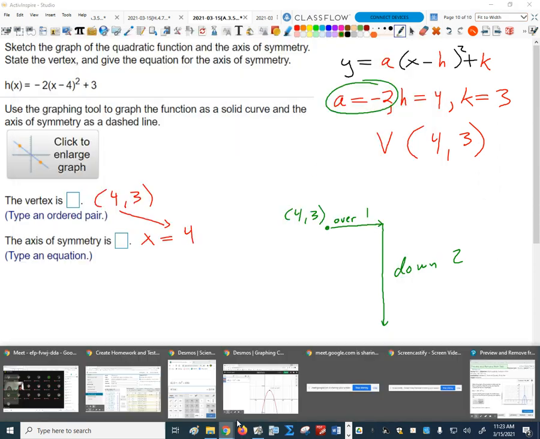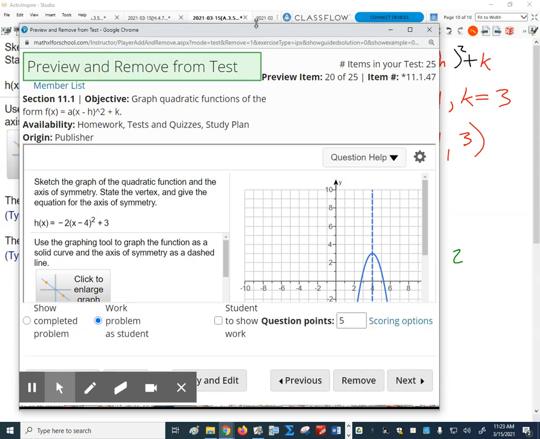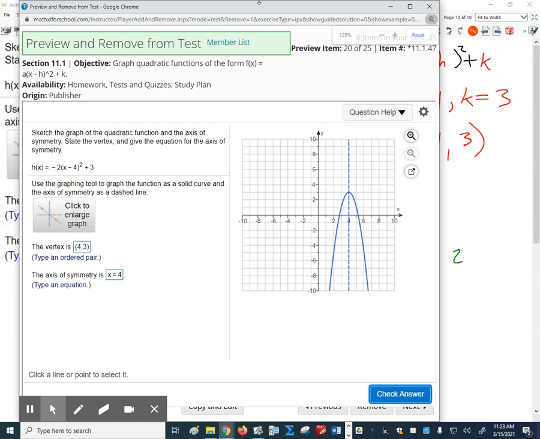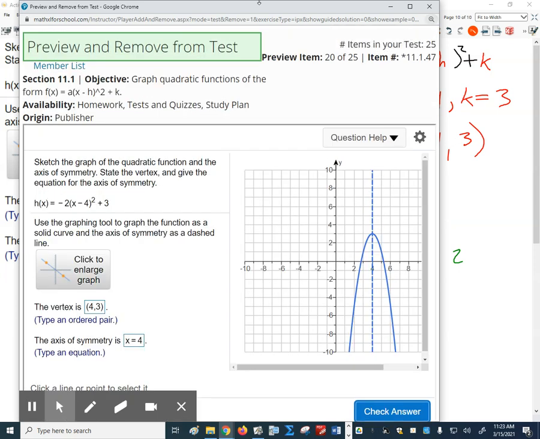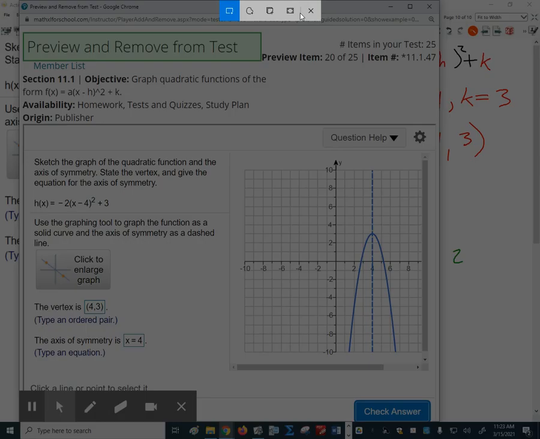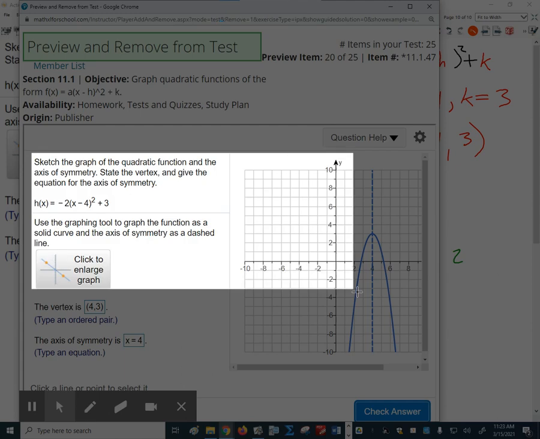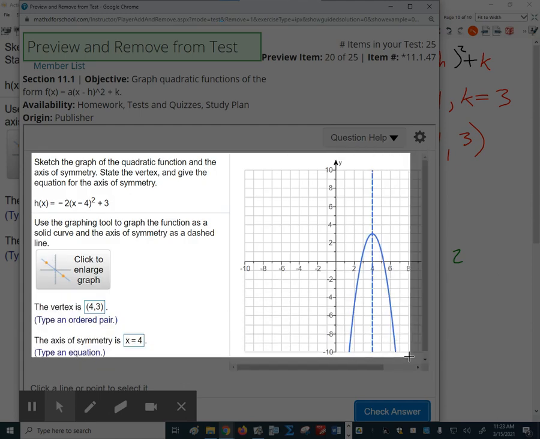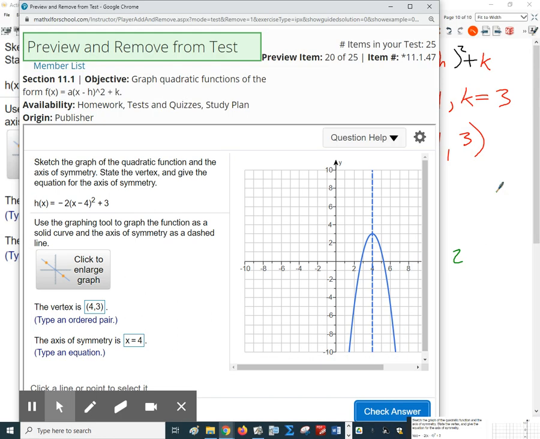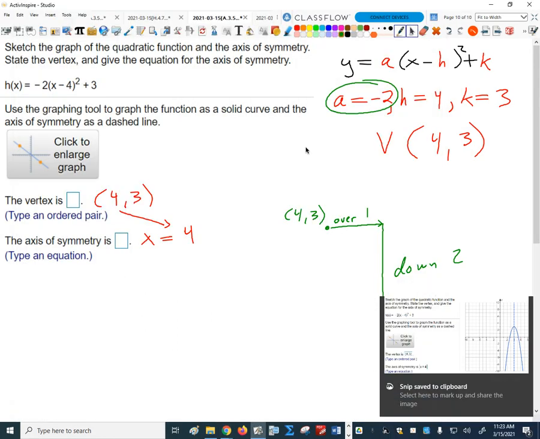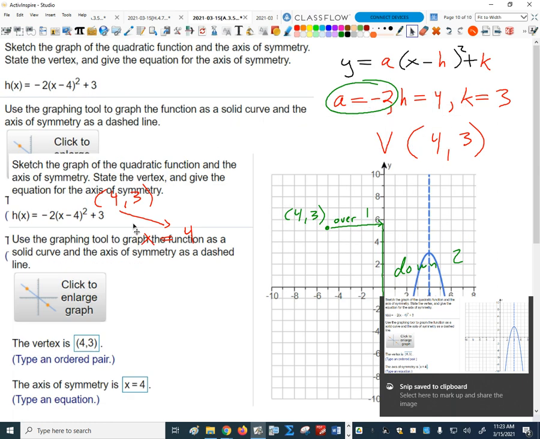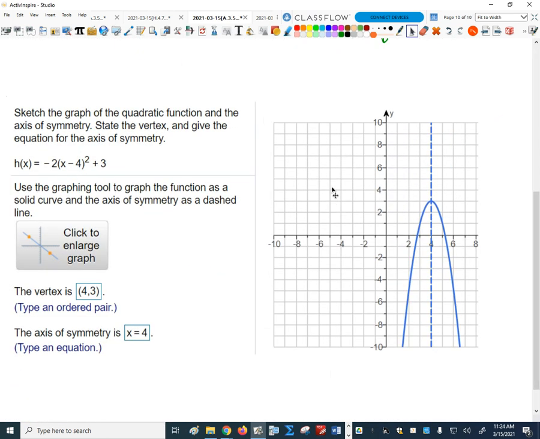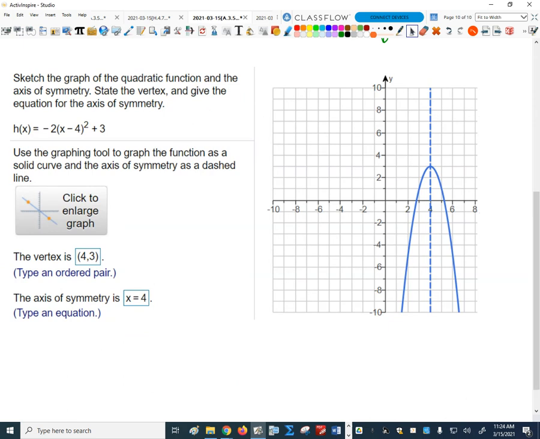Oh, darn it. Okay, so on the notes, I got a picture there for you. Let's try another one.